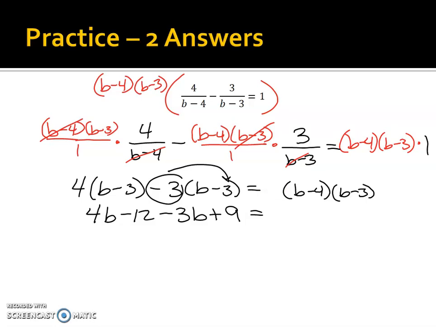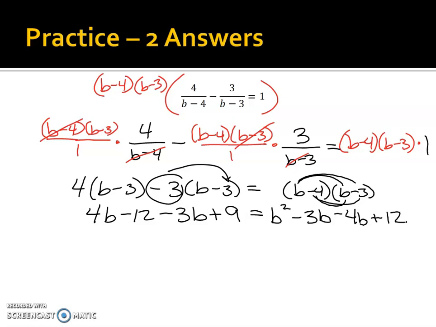But now I'm going to have to FOIL. I'm going to have to take b times b, which is b squared. B times negative 3, which is negative 3b. Negative 4 times b, which is negative 4b. Negative 4 times negative 3, which gives me a positive 12.